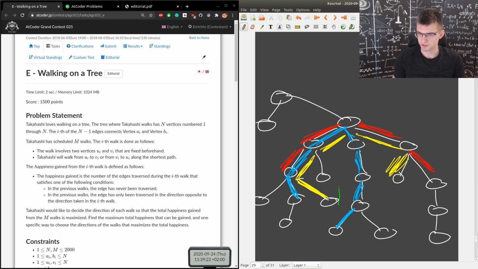Can we look at this subtree? And after doing things in this subtree, move up. Is it smart for a subtree to finish everything going in the same direction? Let's say here we have yellow, blue, and red.